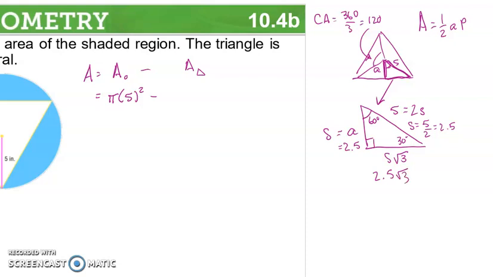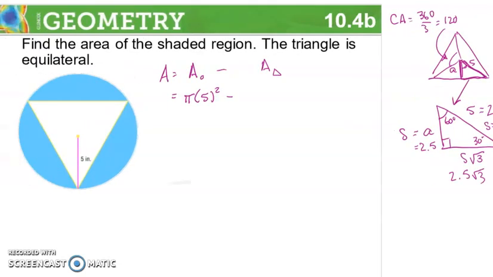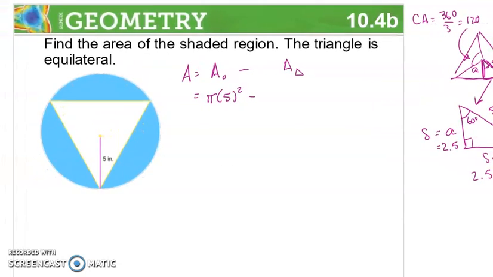So let's take this back to our big triangle picture. The apothem is 2.5. Half of the side is 2.5 times the square root of 3. So that means the whole side is 5 square roots of 3.